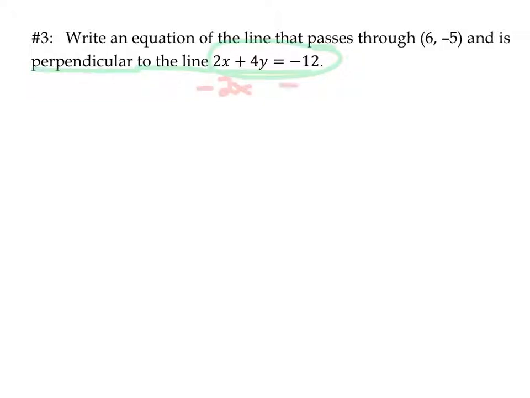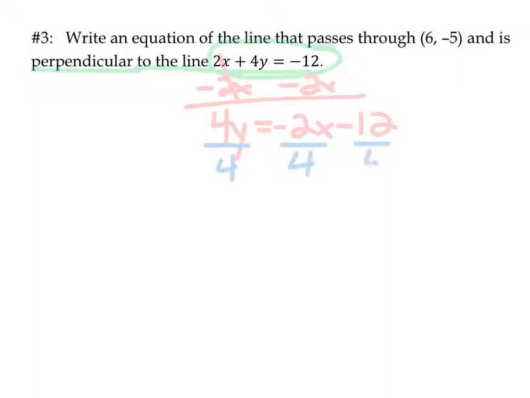So I can subtract 2x on both sides, and I'll have 4y equals negative 2x minus 12. And then if I divide by 4 on both sides, I'll get y equals negative 2 over 4 x minus 3, which is y equals negative 1/2 x minus 3. Right, that 2/4 can reduce to 1/2.